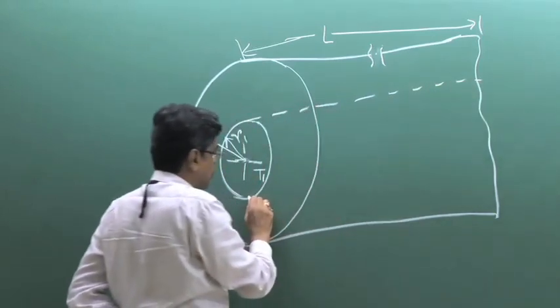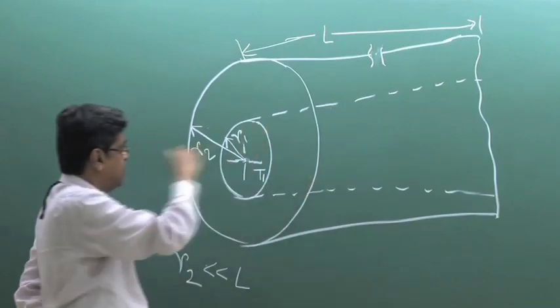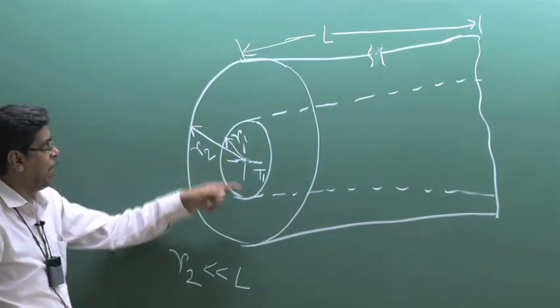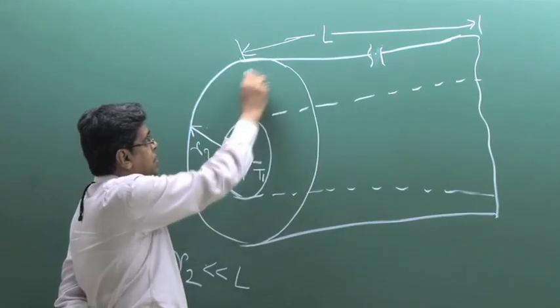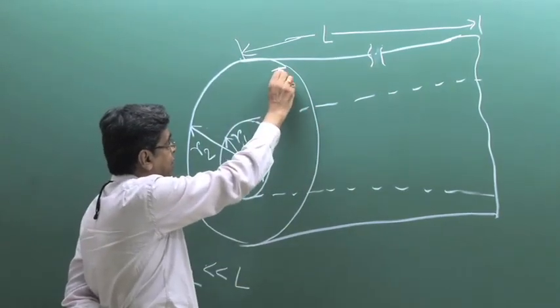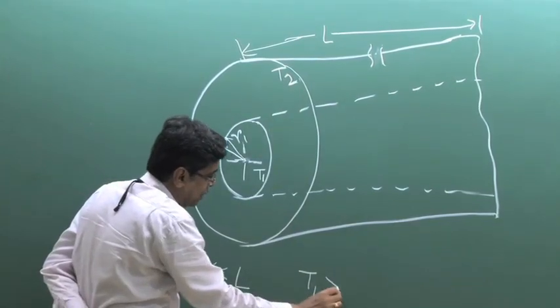So the inner cylindrical surface, at R1, is maintained at T1, while the outer surface is maintained at a temperature T2, and T1 is greater than T2.